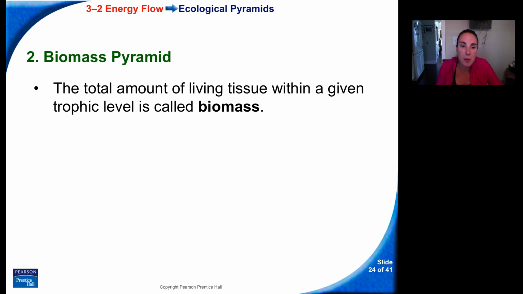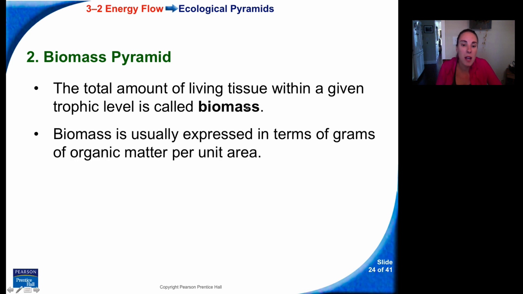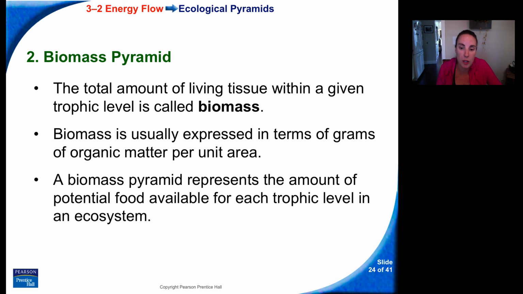In a biomass pyramid, it shows the total amount of living tissue within a given trophic level. This is called biomass, literally living mass. Biomass is usually expressed in terms of grams of organic matter per unit area. A biomass pyramid represents the amount of potential food available for each trophic level in an ecosystem.